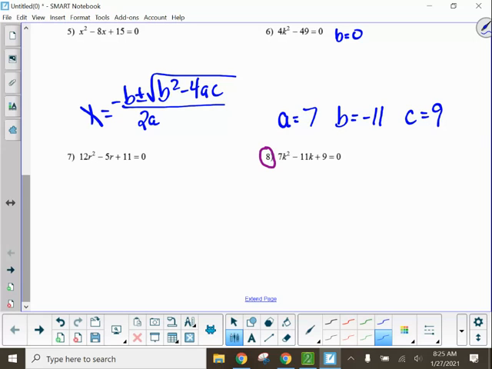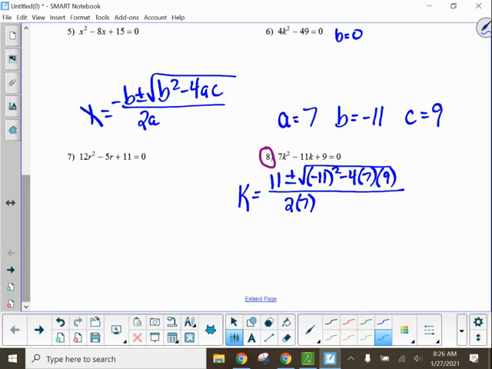My C term is 9. Now we have to plug in. So I start off with negative B. Again, B was a negative already, so that's going to be 11. So plus or minus the square root of my B term squared minus 4 times my A term times my C term, divided by 2 times my A term.